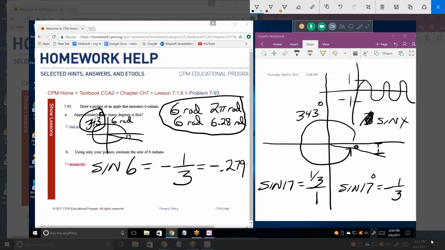It had to be 0.279, and that's relatively close to my guess. My guess was minus 0.3333, based entirely on estimating that that distance was about a third of the hypotenuse. If that was 1, that's maybe a third. So the sine of theta is the opposite over the hypotenuse.